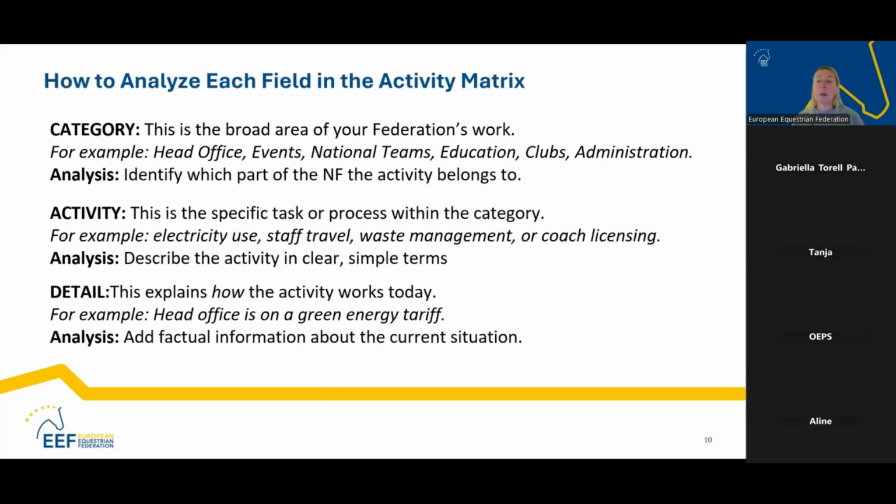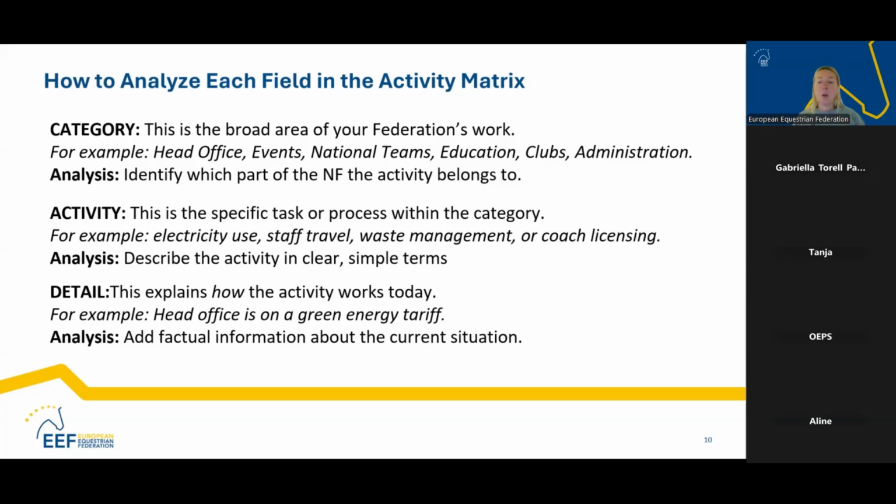To use the activity matrix well, it is important to first understand what each field is asking you to look at. Each column focuses on a different part of the activity. What the activity is, description, how it is currently carried out, how much control the federation has, and whether it has an environmental impact.